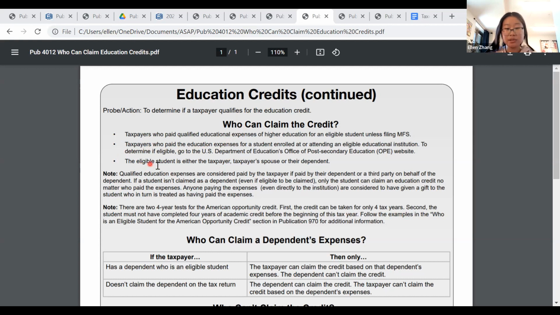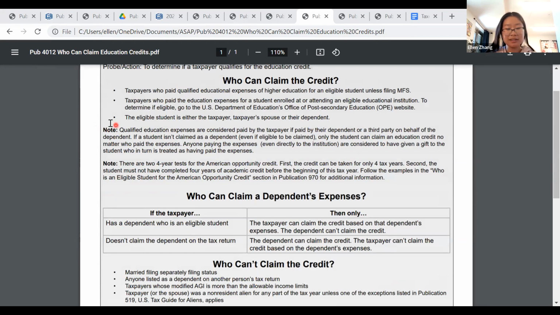The eligible student could be either the taxpayer, like your parents, or their dependent, which would be you. But there is this fun little note here that says the qualified education expenses are considered paid by the taxpayer if paid by their dependent or a third party on behalf of the dependent, and if the student isn't claimed as a dependent, even if they can be claimed.